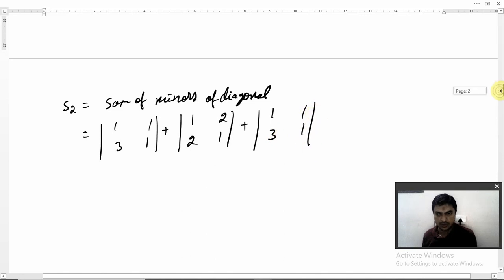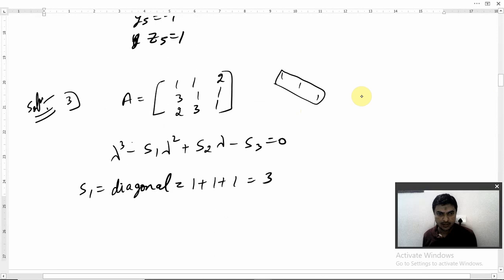So how have I chosen these values, students? Very easy. If you take this 1, leave this row and column, the minor is 1 3 1 1 3 1. The next diagonal element I choose is this 1, then leave this row and column, the minor will be 1 2 2 1. The next diagonal element is 1, so leave this row and column, the minor is 1 1 3 1.